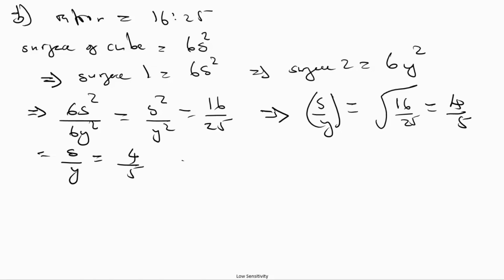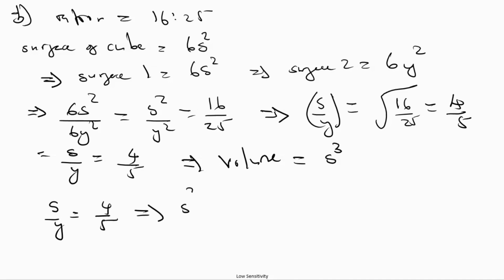So that means we know that the volume of a cube is just side cubed, right? So it's the area of one square times the side s, which is s cubed. So we can convert this: we know that s over y is equal to 4/5.